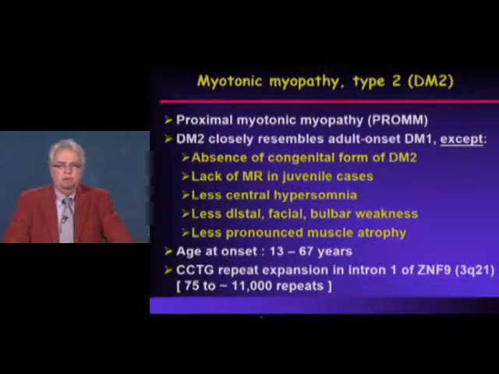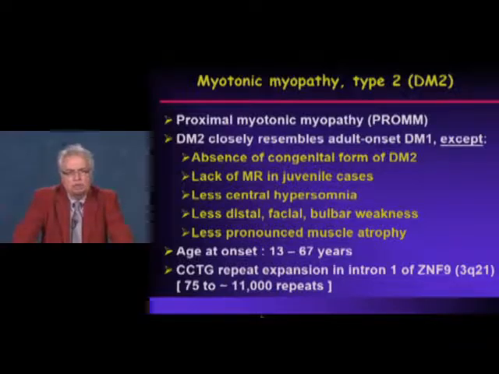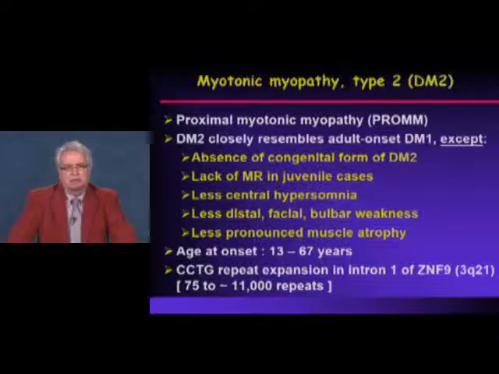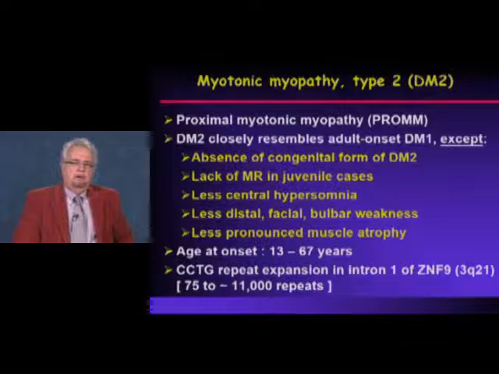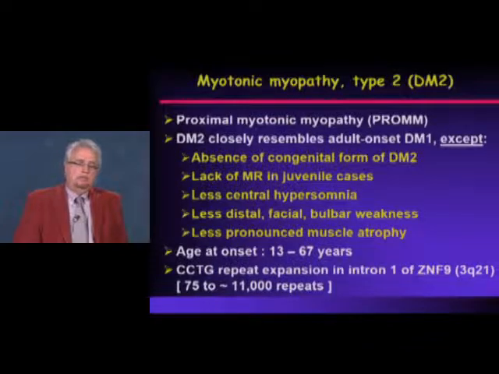There's also myotonic myopathy DM2, which is a little different from DM1. There are of course a lot of similarities, except that you do not see a congenital form of DM2. We don't see infants who have DM2.